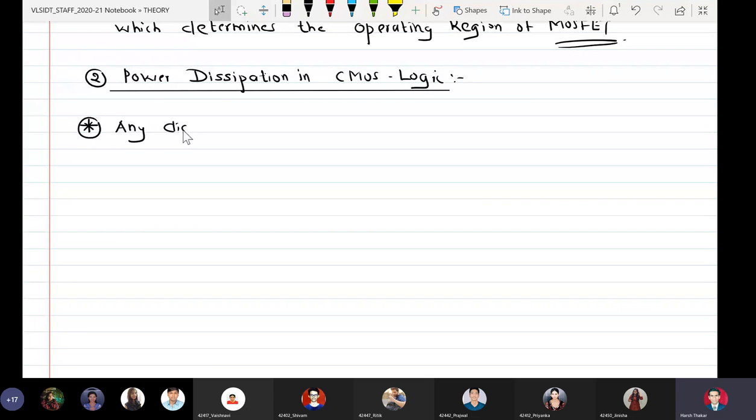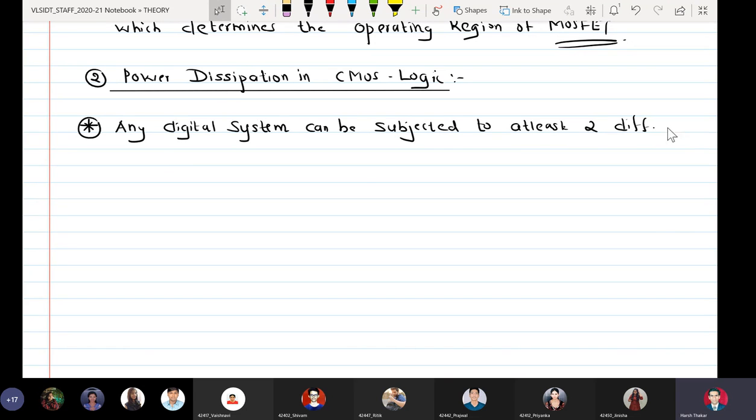any digital system can be subjected to at least two different kinds of operations.